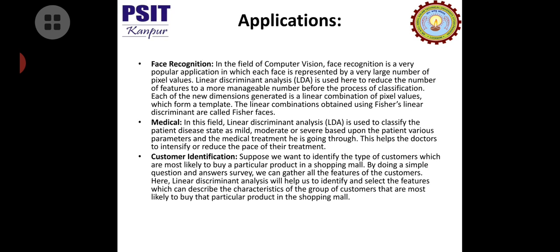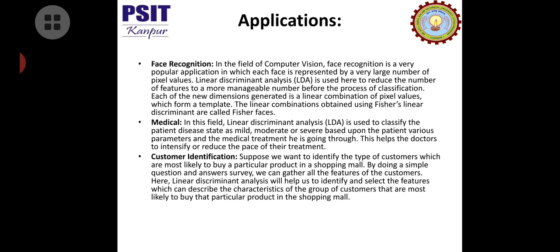By doing a simple question and answer survey, we can gather all the information, all the features of the customer. After this, LDA will help us to identify and select the features which can describe the characteristics of the group of customers that are most likely to buy that particular product.